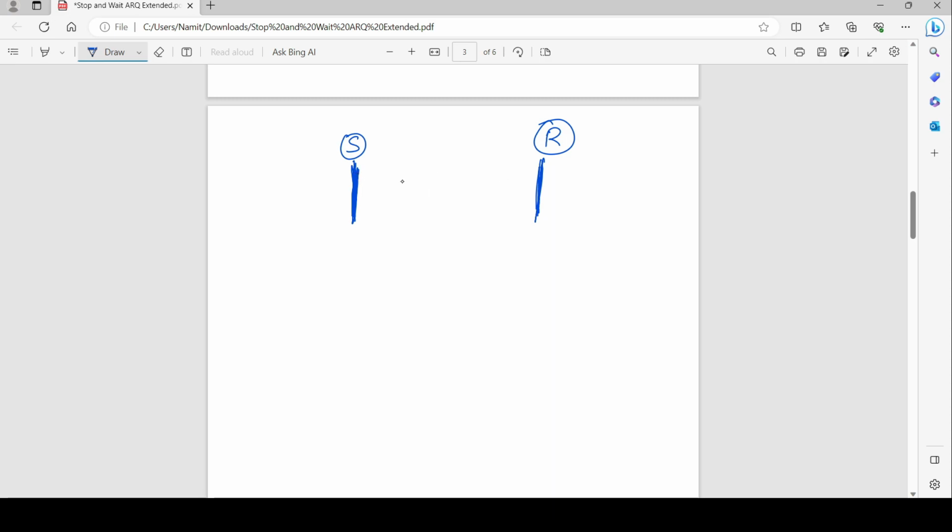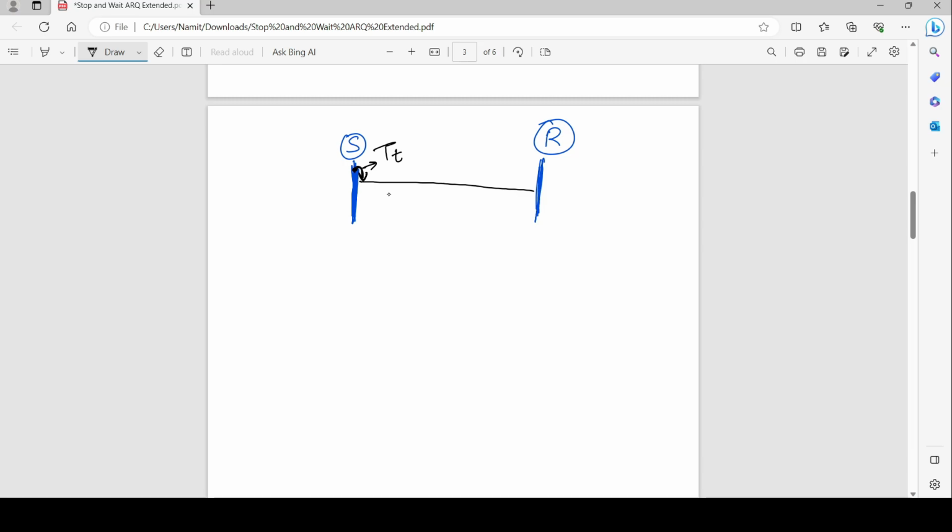The amount of time taken by sender to place the first data bit onto the channel, so that it can be sent to the receiver, is known as transmission time. Time taken for the transmission.